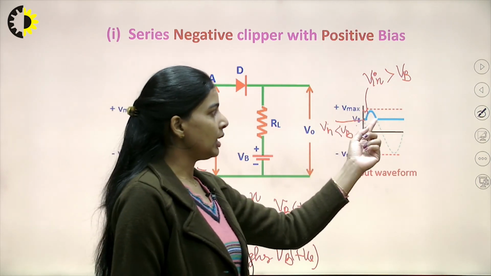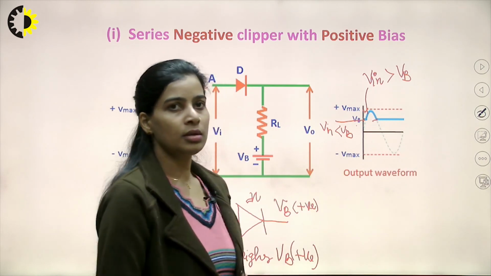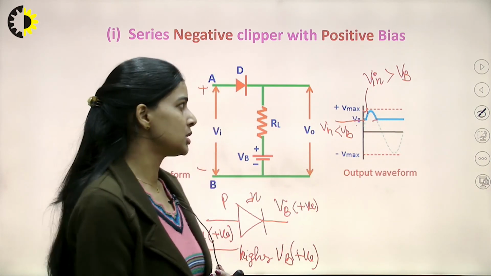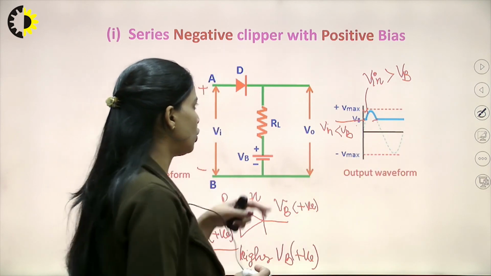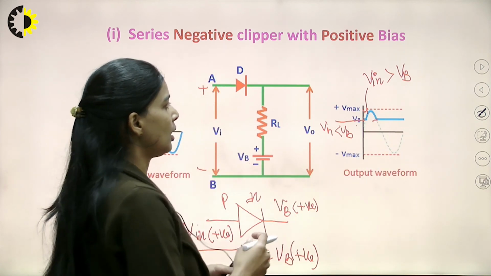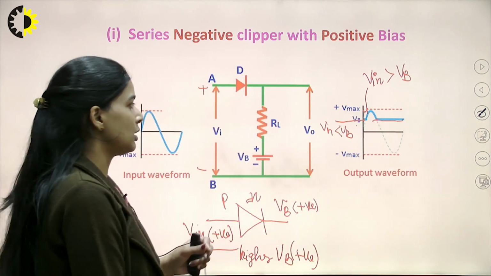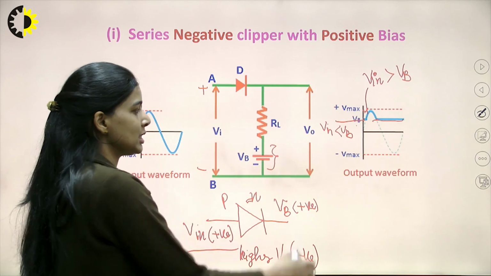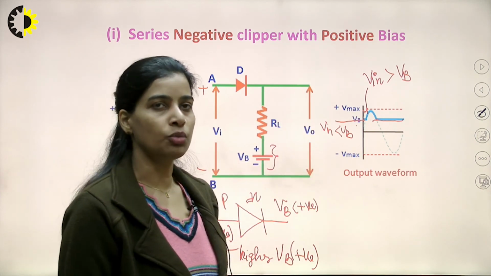Again, when V in reaches the VB level, the diode gets reverse biased and there will be no current flowing through the circuit, and there will be a constant voltage. That constant voltage will be this biasing voltage that is appearing across this output node.